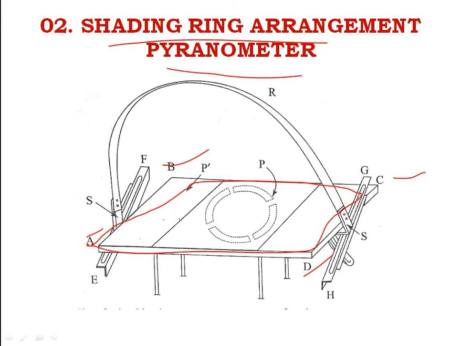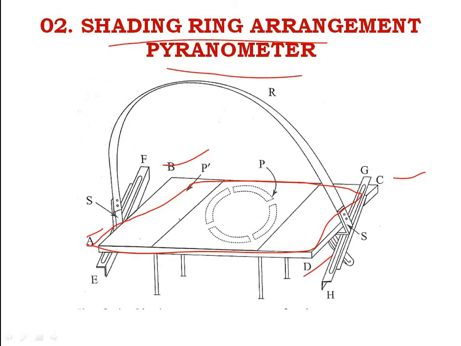To the sides AB and CD of the frame are provided two angle iron arms, EF and GH.